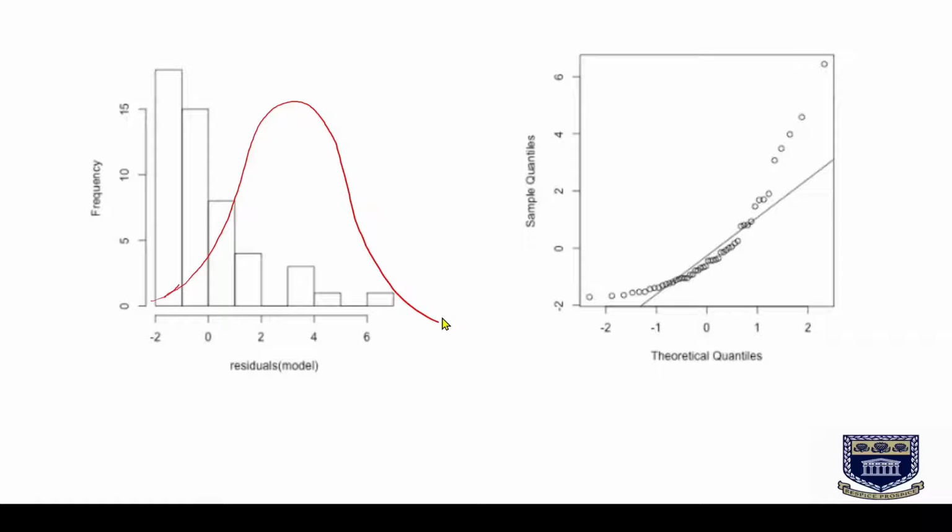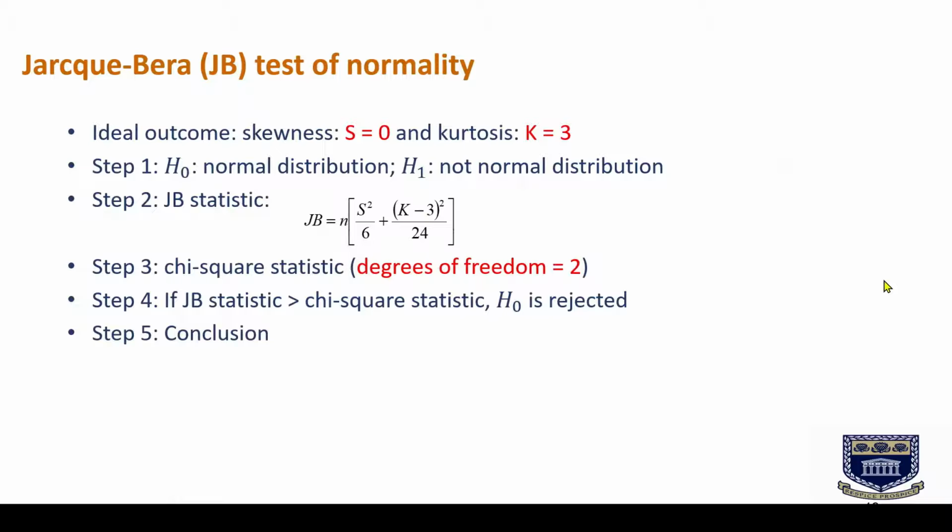Likewise, over here you have the normal probability plot, where again the values of the residuals are plotted against the expected values under the assumption that they are normally distributed, and clearly we don't have a straight line over here. In fact, we have some kind of exponential curve over there. So we would reject in this instance that we have normally distributed residuals, or error terms in this case.